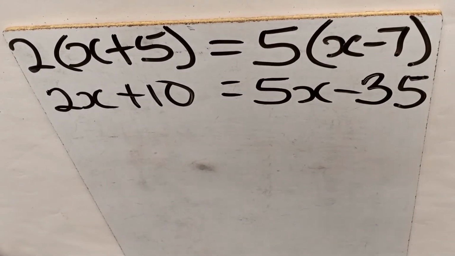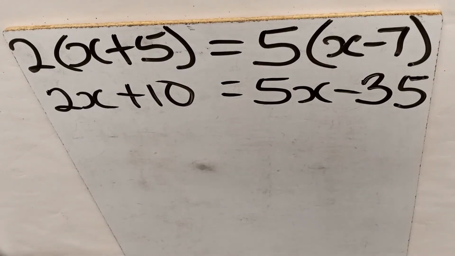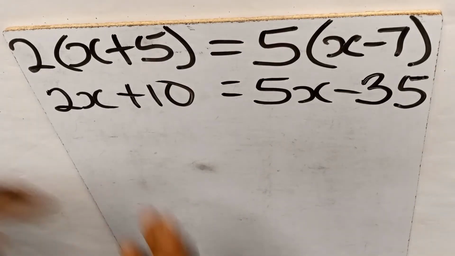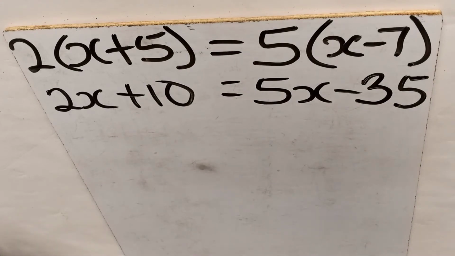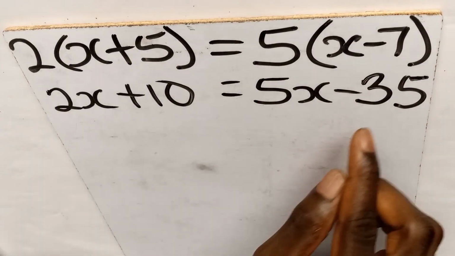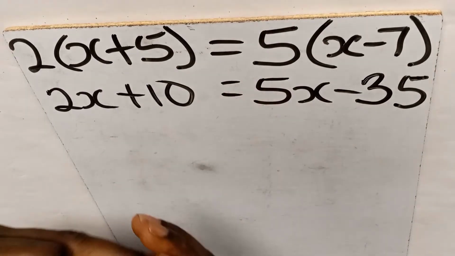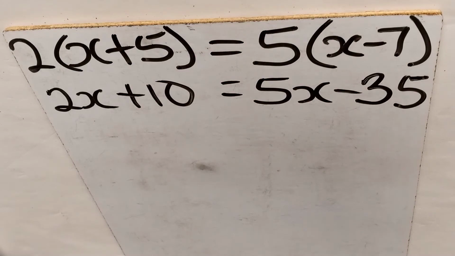Okay, good. Now that we have reached here, you group like terms. You can decide to send the constant numbers to the right hand side and write those having coefficients at the left hand side, or you can decide to write those having the coefficients to the right hand side and bring those constants to the left hand side. Okay, any of them will give you the same answer. So let's take it as I want to write my constant numbers at the left hand side.